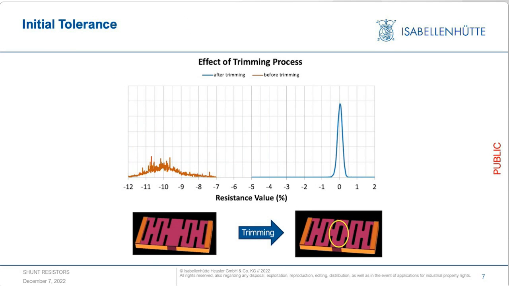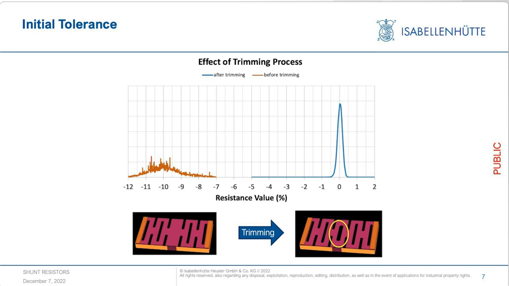Let's first talk about the initial tolerance of the device. Due to the manufacturing processes, you typically have a distribution of resistance values of plus or minus 5% after manufacturing.